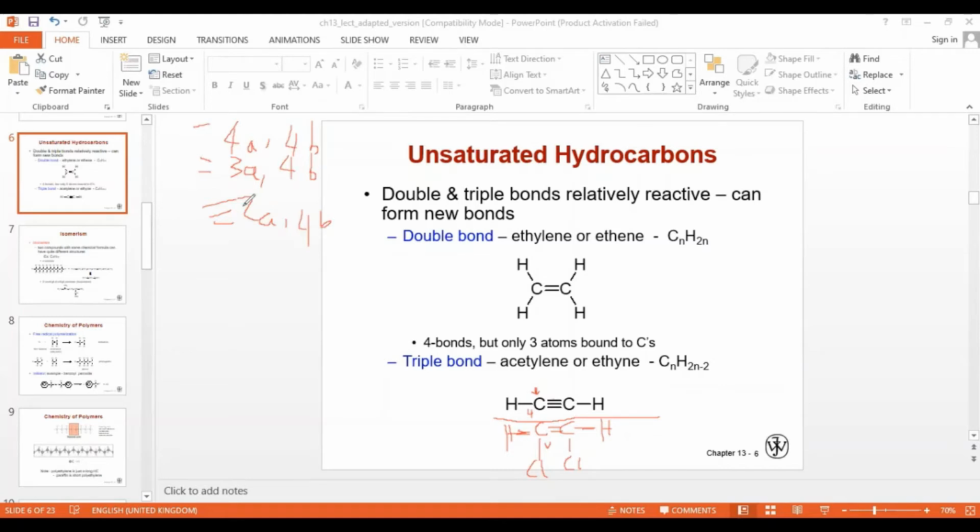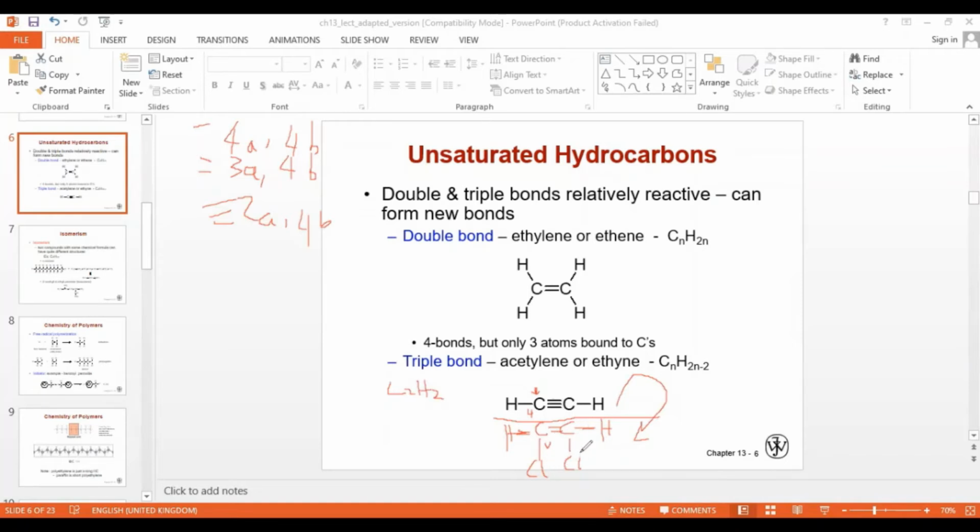Now we'll see what is this unsaturation. So if the bonds can be broken to form a new compound, that is known as an unsaturated compound, right? So here it was C2H2, right? 2 carbon and 2 hydrogen, C2H2. But what happened when I put this chlorine, just an example, is this one bond is broken to accept that chlorine.